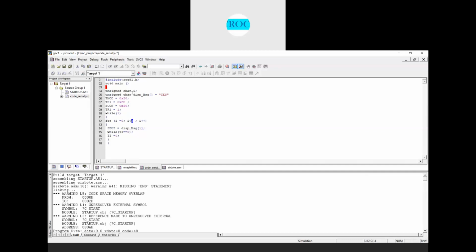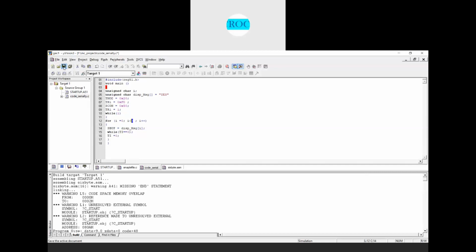As I said, wherever possible use unsigned characters. If you need any value more than 256, you can use the integer. By using character, you make sure that you reduce the hex file.